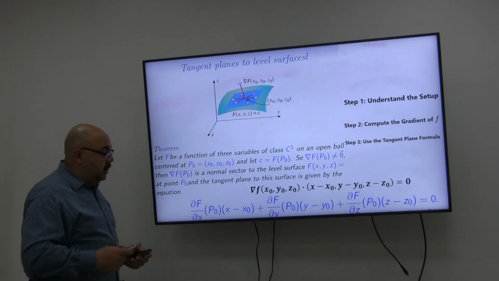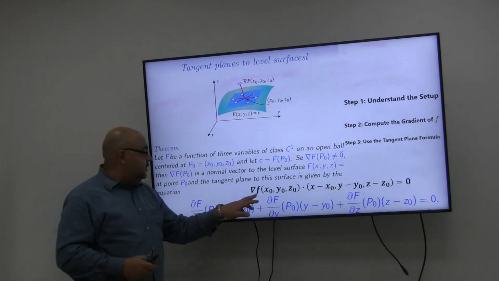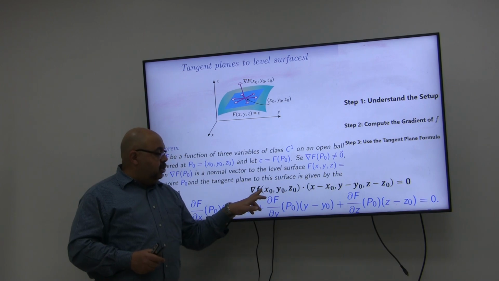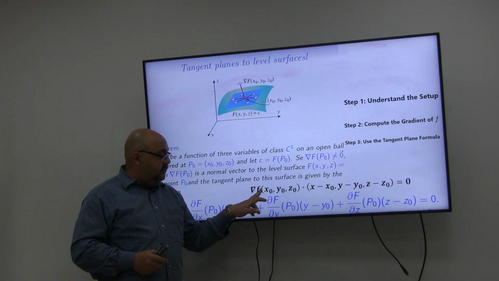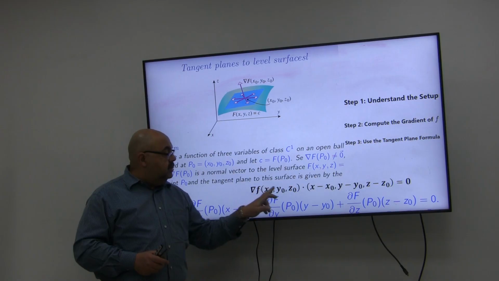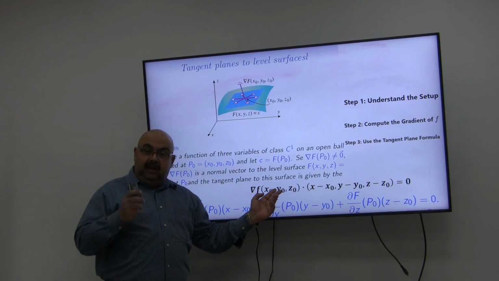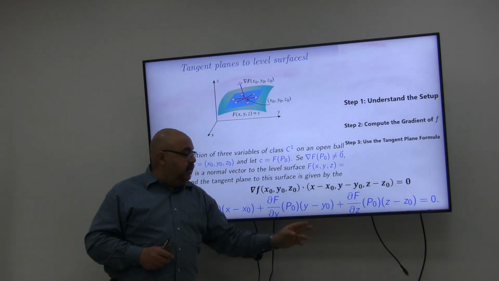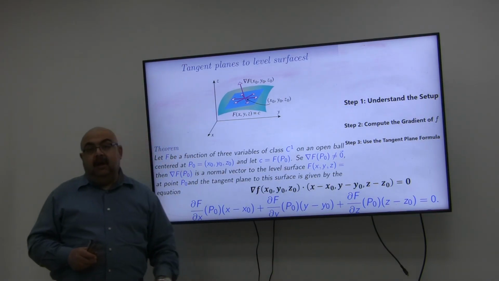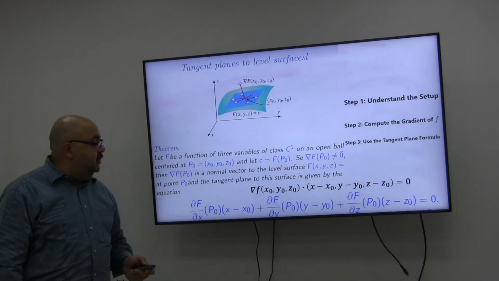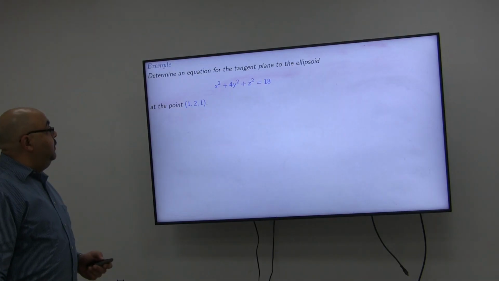If you expand it, it's going to be partial F partial x at x naught times (x minus x naught), plus partial F partial y at y naught times (y minus y naught), and so on, as you can see in the explicit form of the tangent plane.